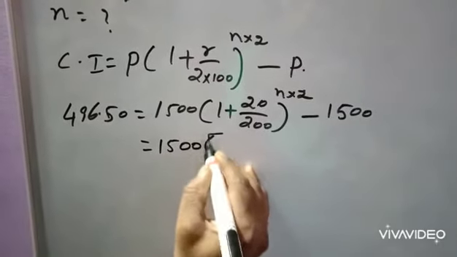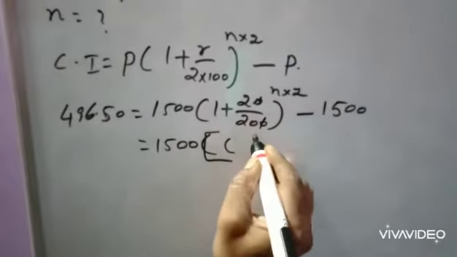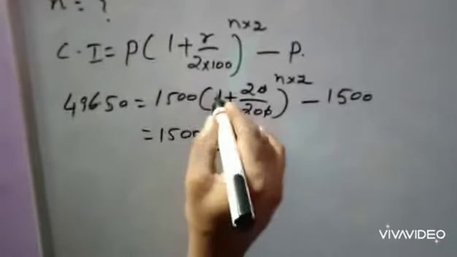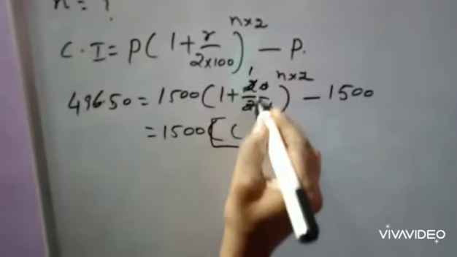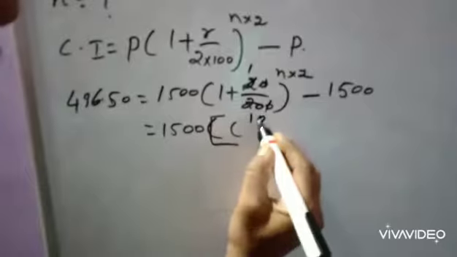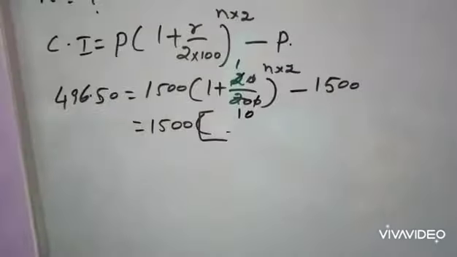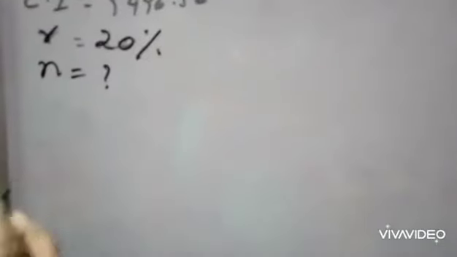So 200 we can cancel with 20, LCM. So again 2 we can cancel, so 1 by 10. So we have 10 LCM, n equal to question mark, we need to find out.